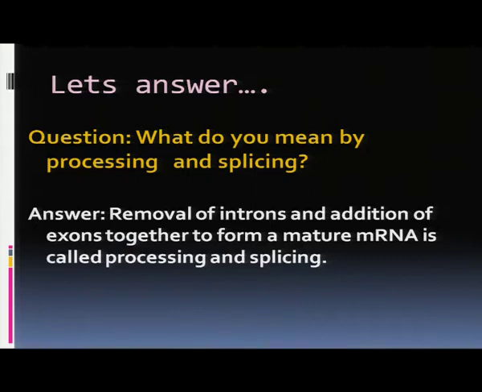Exons are the functional part and introns are the non-functional part. These introns are removed and exons are joined, and this process is called processing and splicing, which is performed by small nuclear ribonucleoproteins.